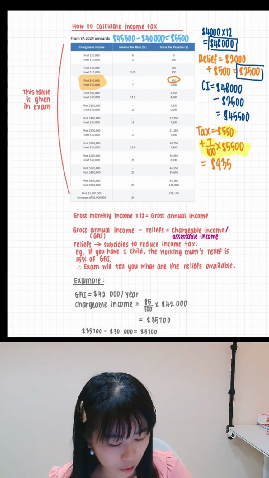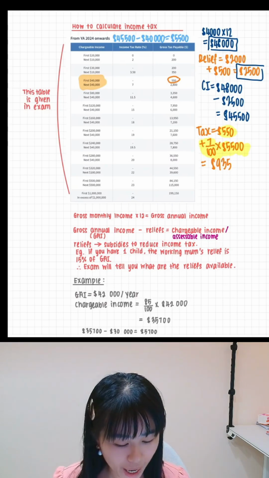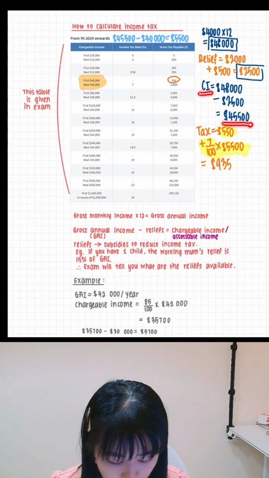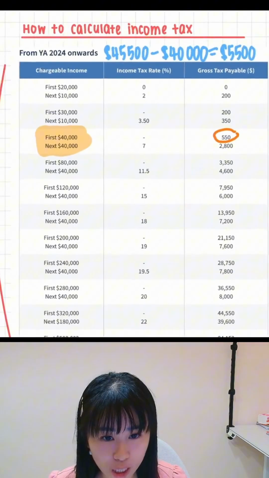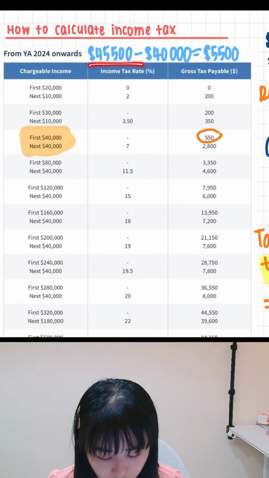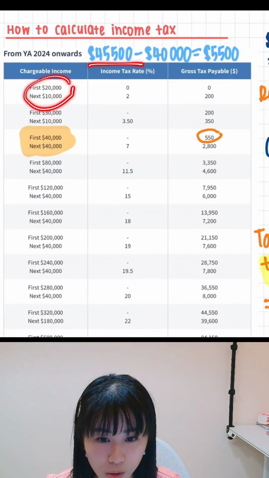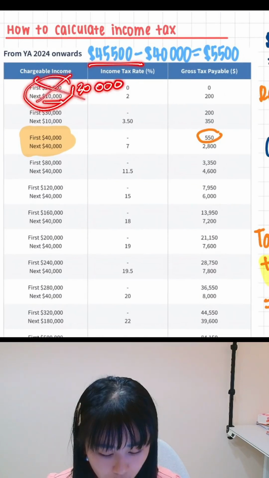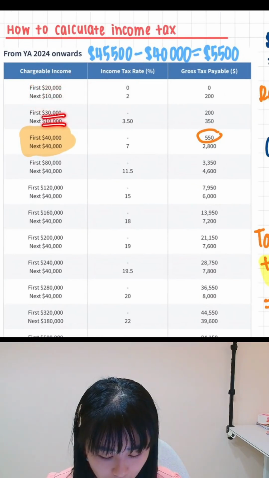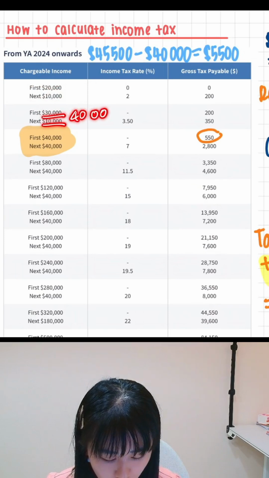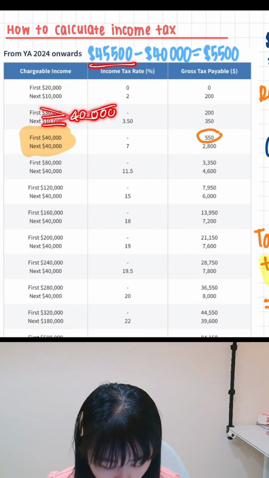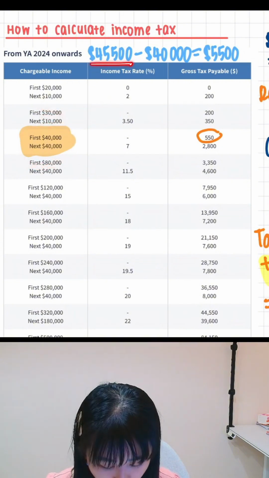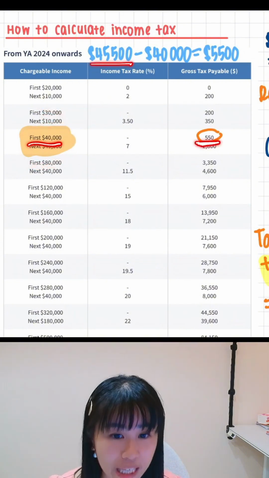Where do you get the 40,000? Because my chargeable income is $45,500, I must look at the range that contains $45,500. 20,000 plus another 10,000 is only 30,000, not enough, so you don't look here. 30,000 plus 10,000 is only 40,000, so don't look here either. For 45,500, you must look at this layer. Out of the 45,500, the first 40,000 is charged $550.